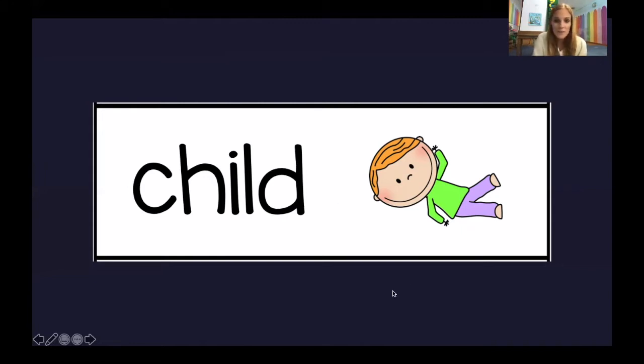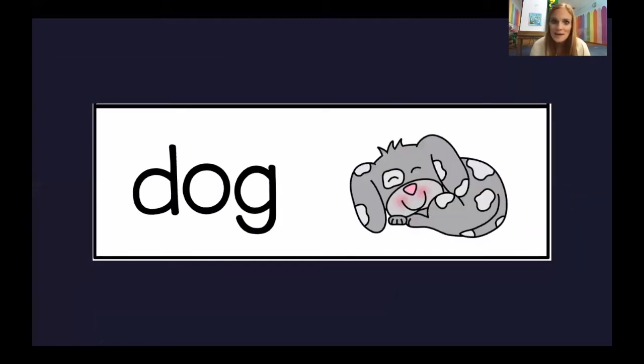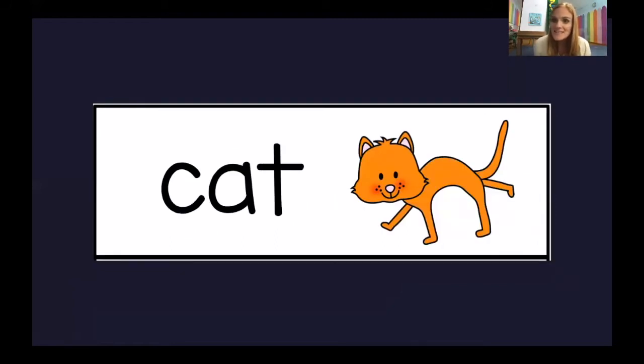Very good. Who knows what animal this is? D-O-G. Dog. It's a dog. What sound does a dog make? Woof, woof, woof, woof. What animal is this?